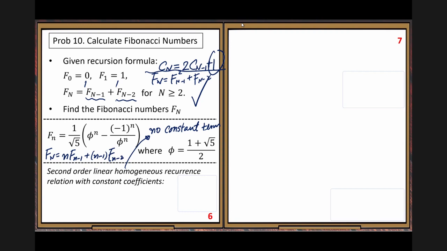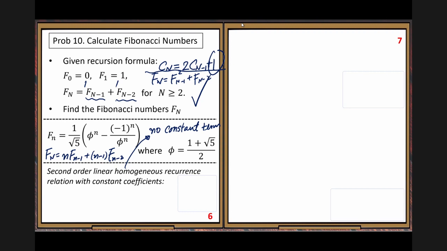Non-constant coefficient. That could be very hard, much harder. So all the properties we have for this equation make it relatively easy.